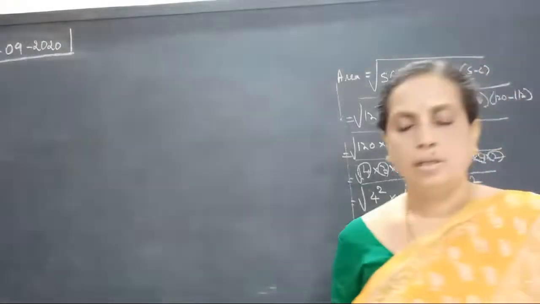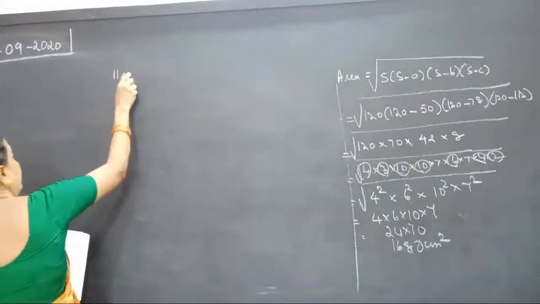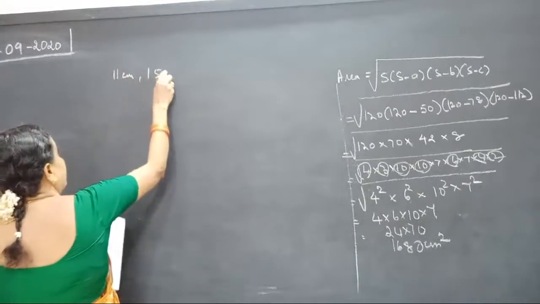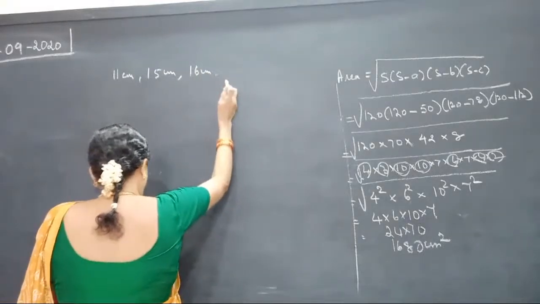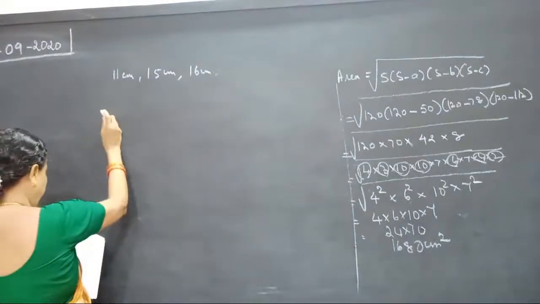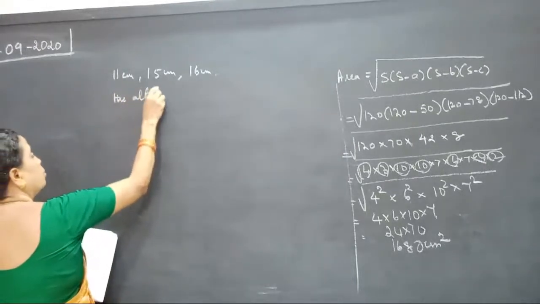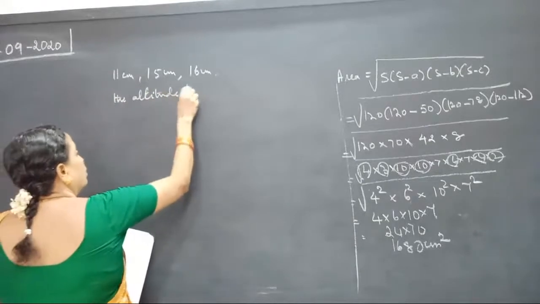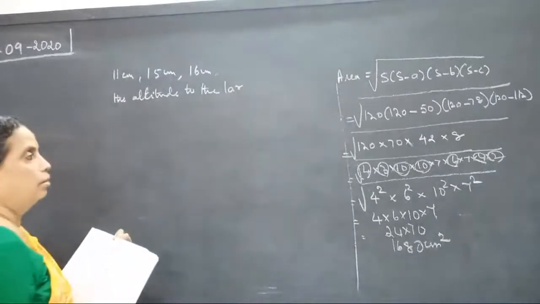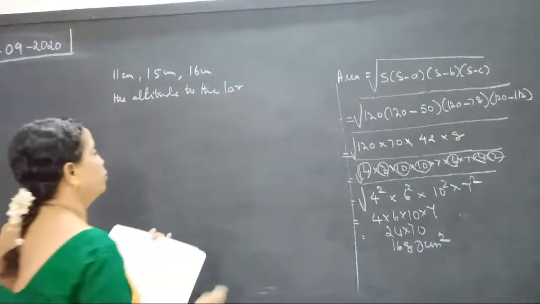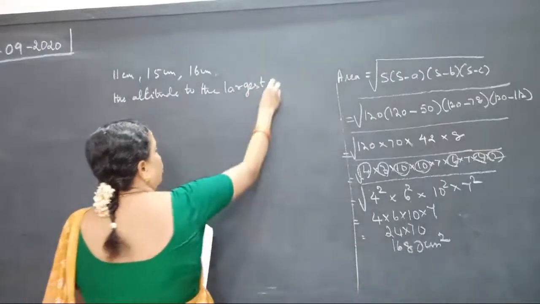Next question. The sides of a triangle are 11 centimeter, 15 centimeter and 16 centimeter. The altitude to the largest side is... Here, instead of asking directly, they have mentioned the altitude to the largest side, which means it should be the smallest altitude.